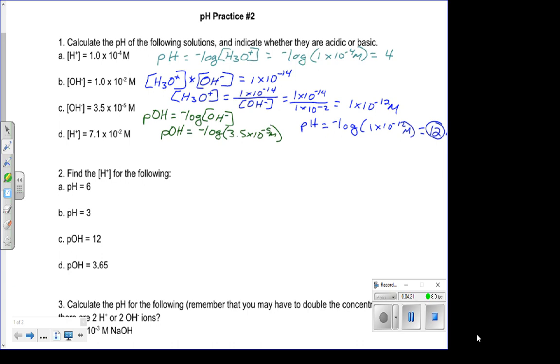And that comes out to, again, make sure you're using the EE button. So this comes out to 4.46. Well, let's keep everything to the tenths place. I'll call it 4.5.